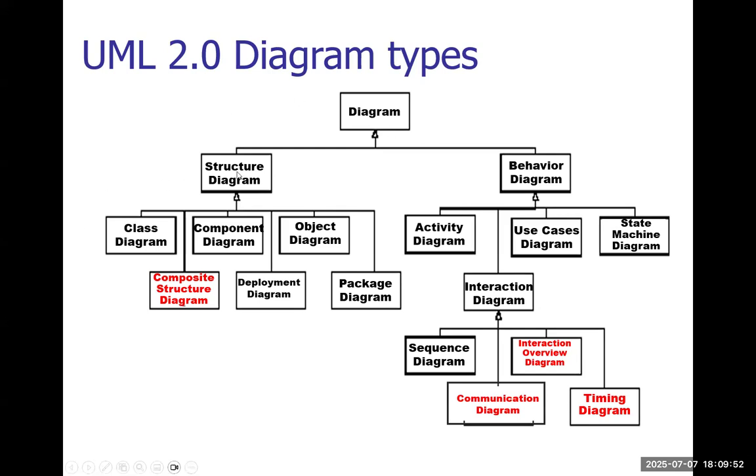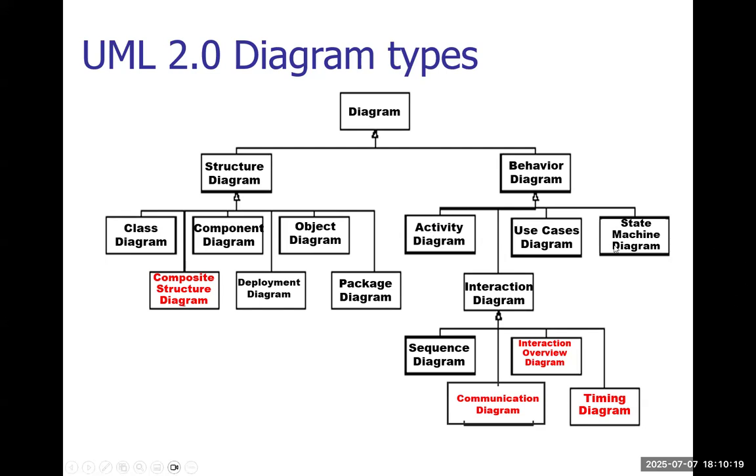In general, there are two kinds of types. One is structure diagrams, which describe the static structure of the software. Of course, there are different diagrams to describe different perspectives of the structure of the software. Another bigger category is behavior diagrams, which focus on the dynamic behavior of the software.